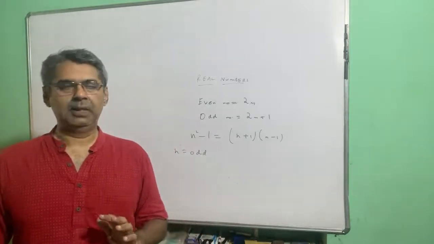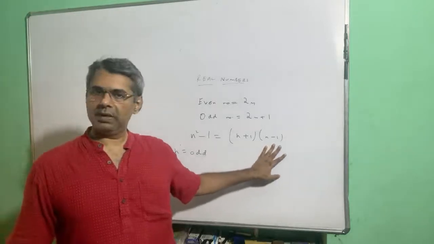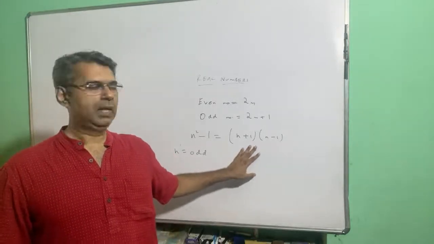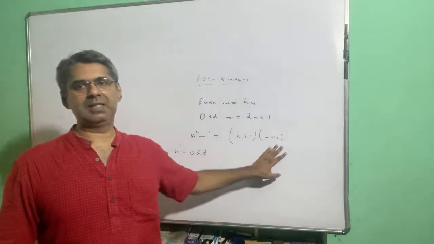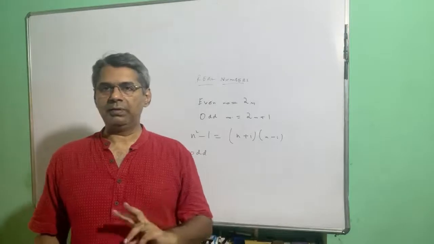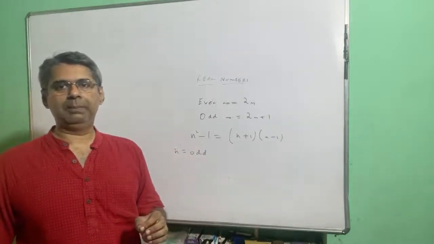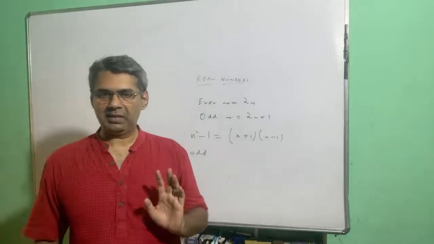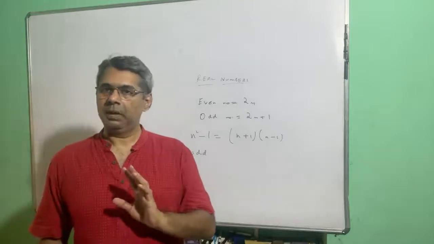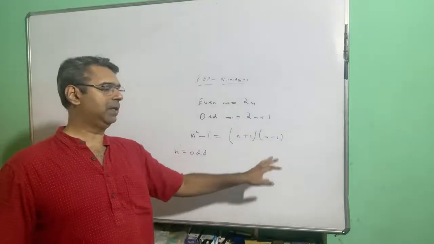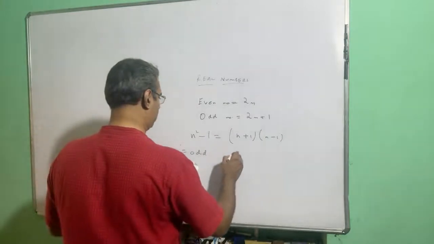It is compulsory, because for example, if n minus 1 is 2, then n plus 1 is 4. If n minus 1 is 4, then n plus 1 is 6. If n minus 1 is 6, then n plus 1 is 8. So out of the two numbers n minus 1 and n plus 1, one of them may be just a multiple of 2, that's all.